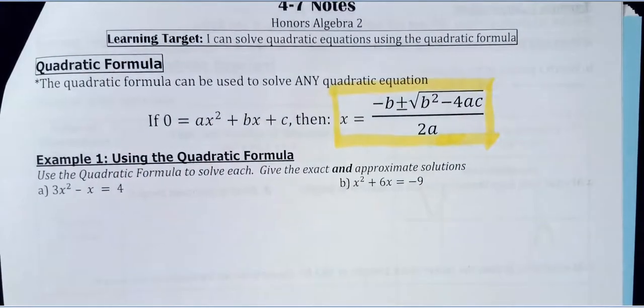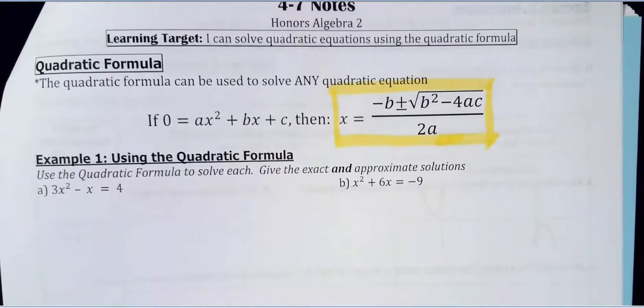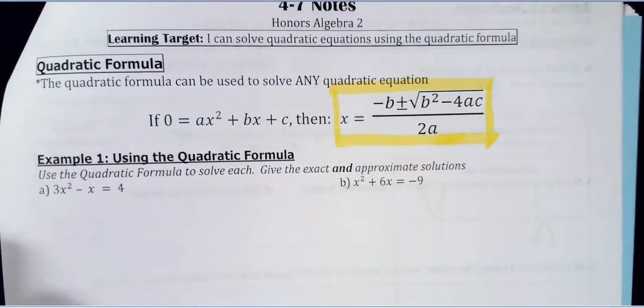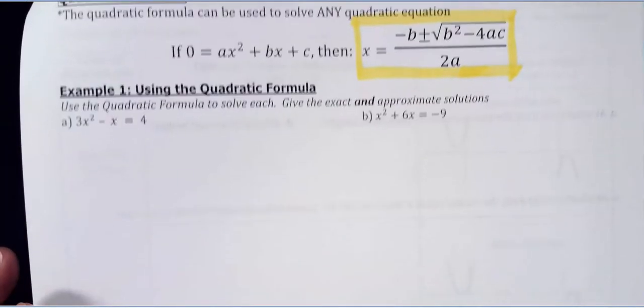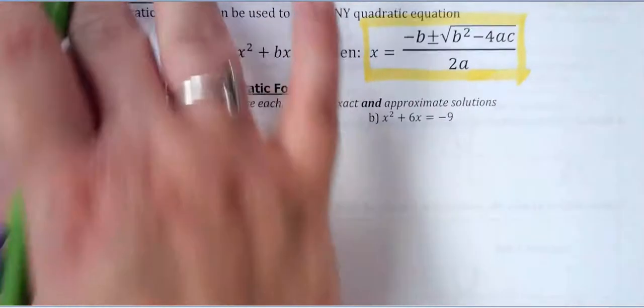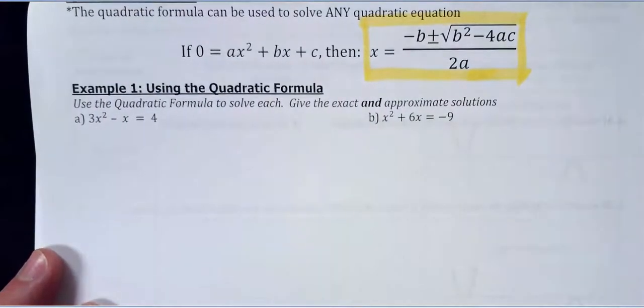You do not have to have your squared term be positive here. That's completely up to you. As long as the equation is set equal to 0 and you identify your A, B, and C values from that, plug them in, and we're just going to use the calculator to help us out on a lot of these questions today. Okay, so not all of them are like this, but I just want to make you aware you've got to set it equal to 0 before you start the problem.